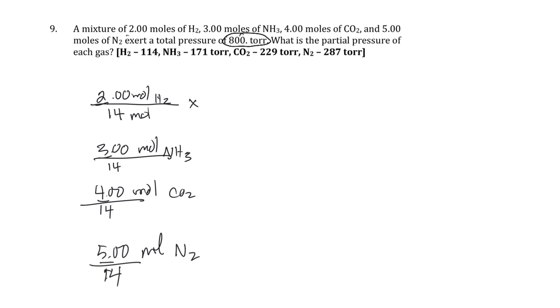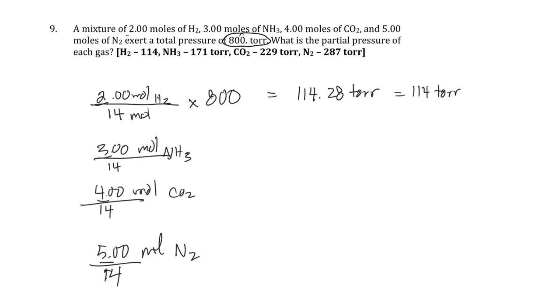If the total pressure is 800, I can multiply that 2/14 by 800. Let me do that. Divided by 14, and that comes out to 114.28 torr. Rounding to 3 sig figs would be 114 torr.